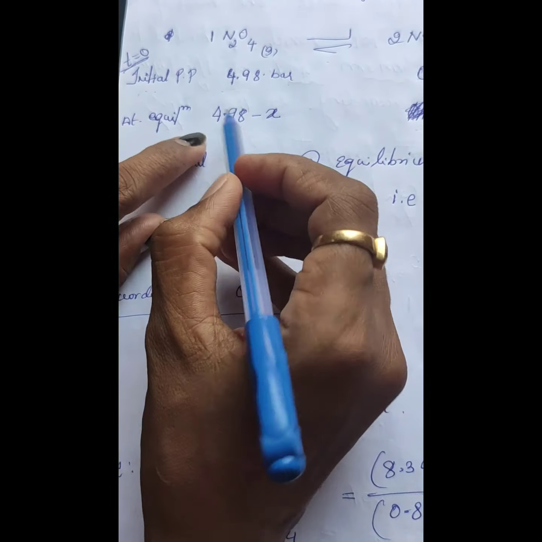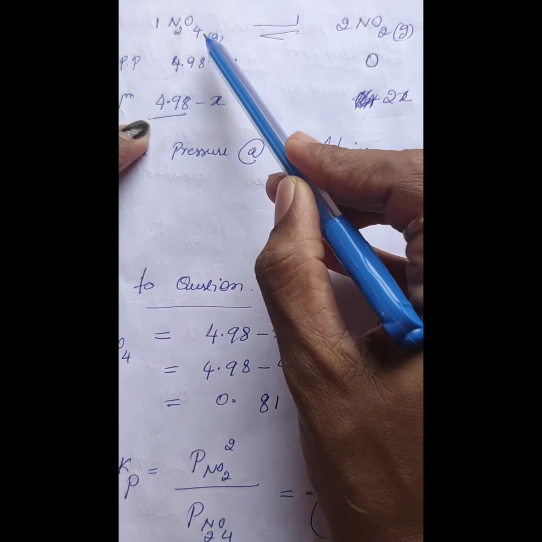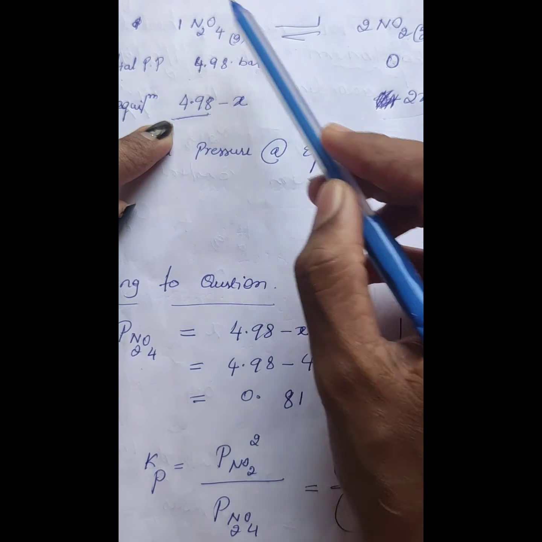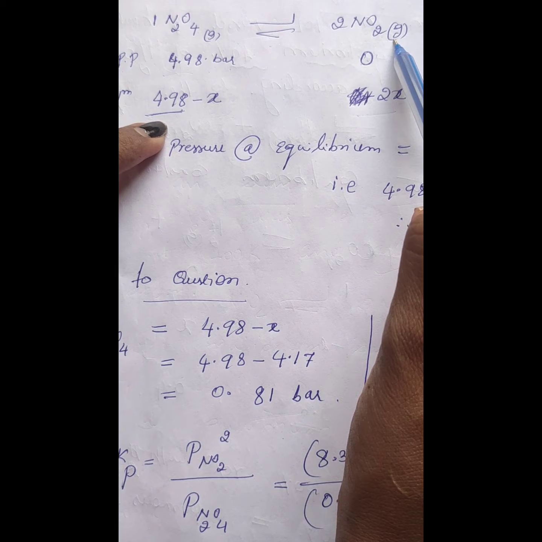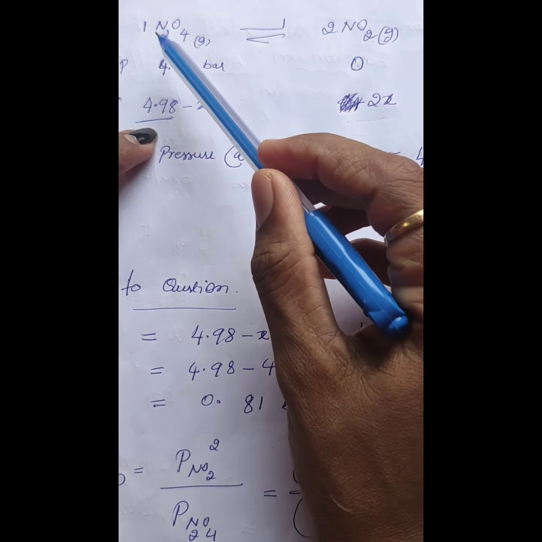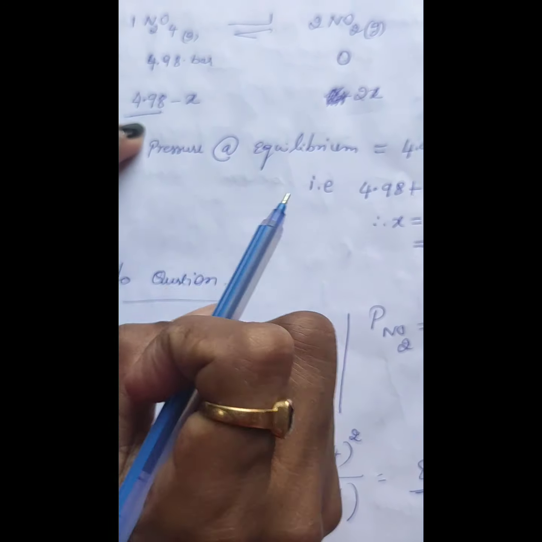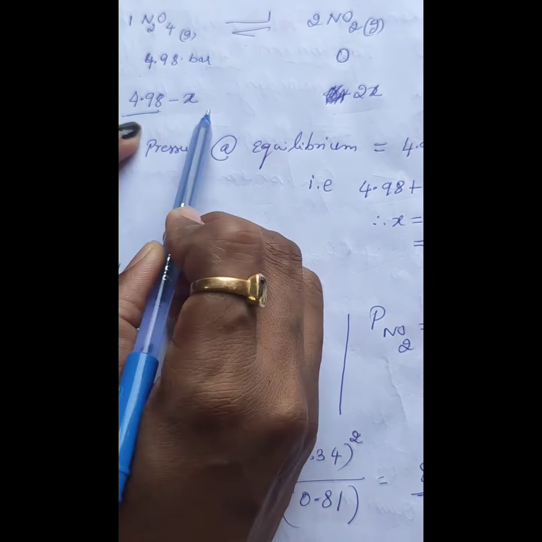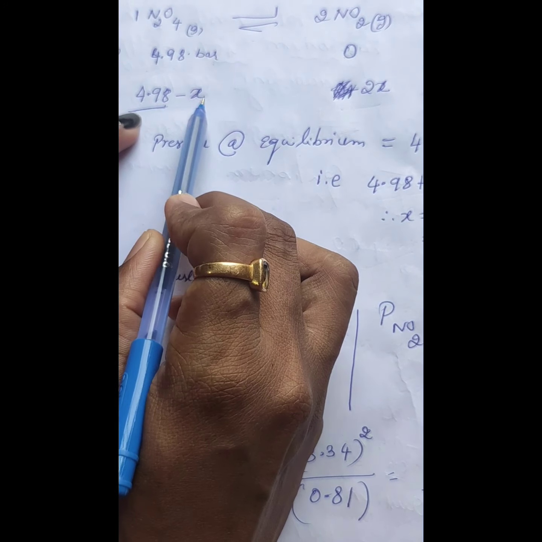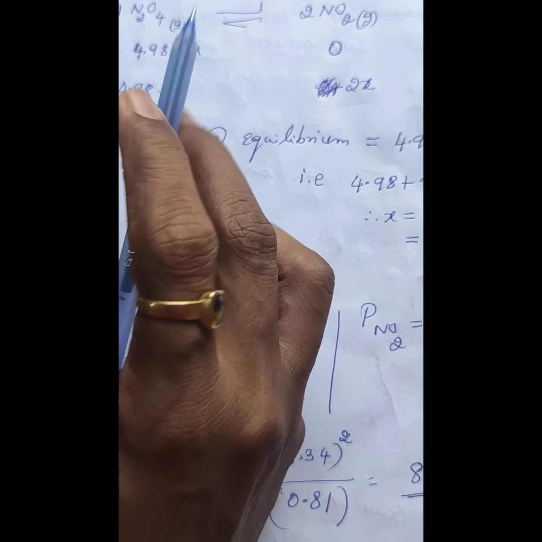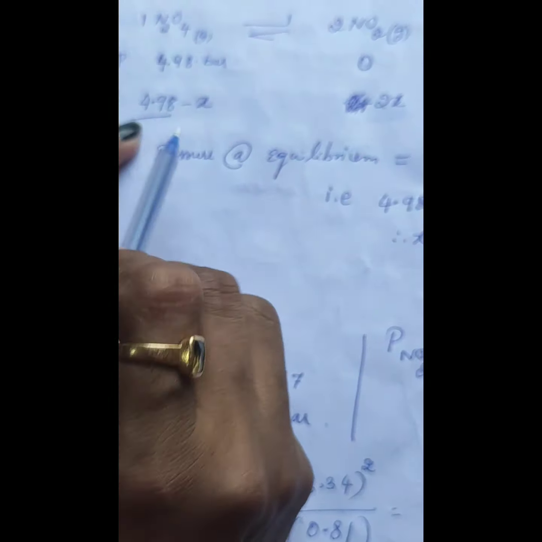Children, initially this was the pressure, but as the reaction proceeds, some amount of this gas is getting converted into this, so the decrease in the volume of the gas ultimately decreases pressure. That extent of removal of reactant from the reaction media can be expressed as X. In terms of X, we express it at equilibrium. I have mentioned this in the rules, right?